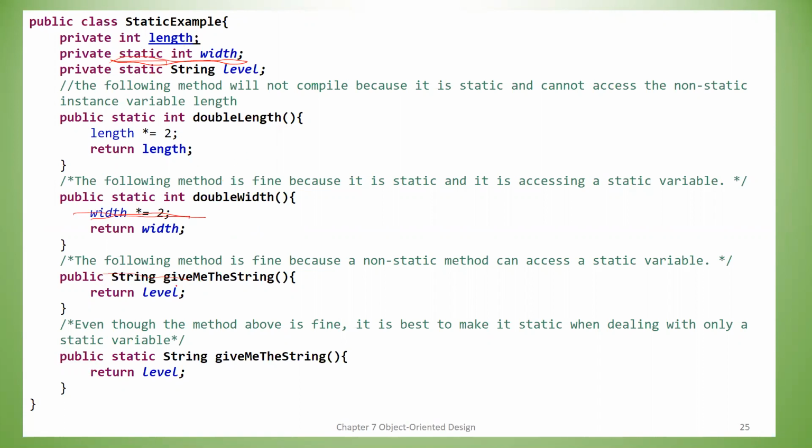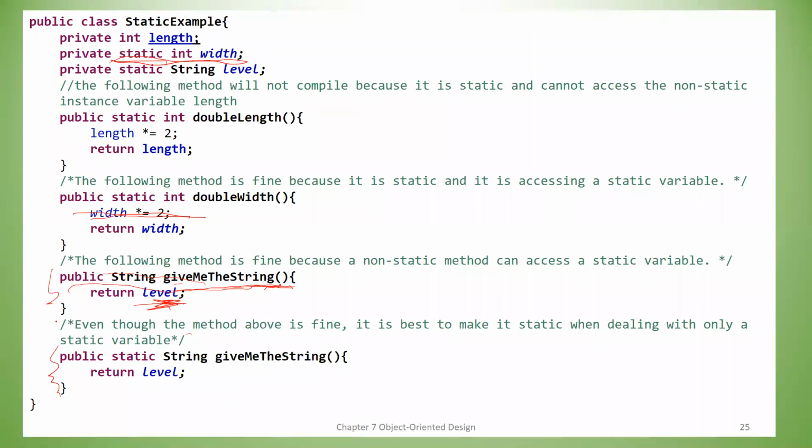And this is okay because getTheString is a non-static method and you are referencing a static variable. That's fine because a static variable exists as soon as the class name is referenced. And this can only be used by an instance, an object, so it already exists. So that's fine.